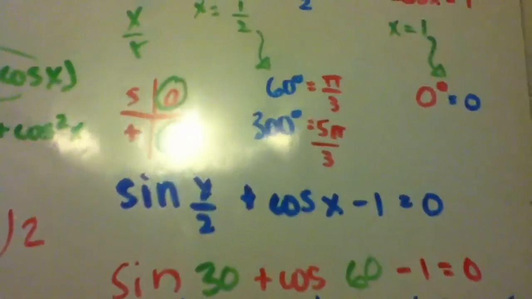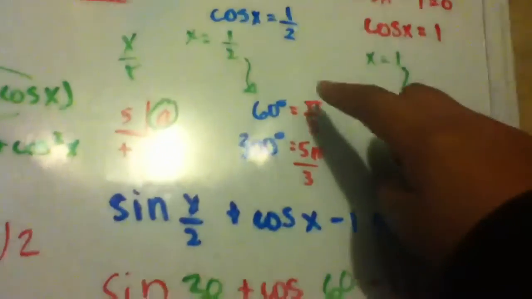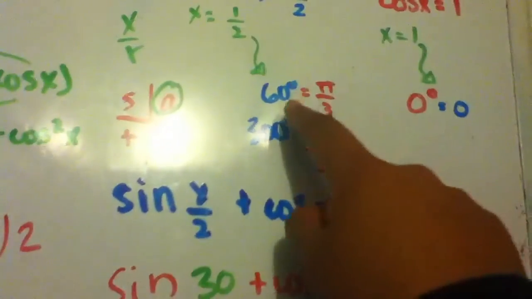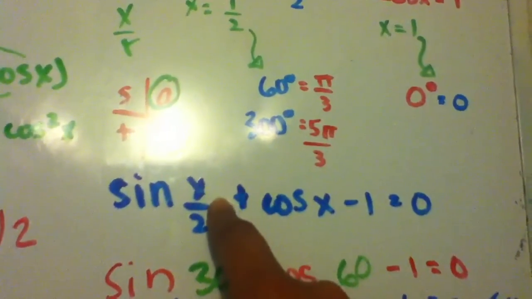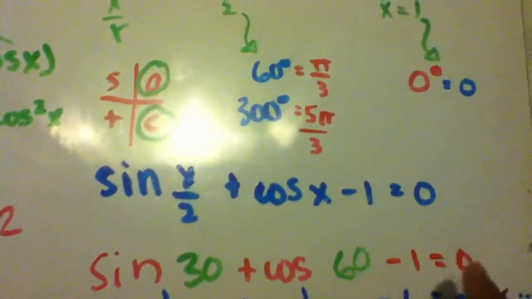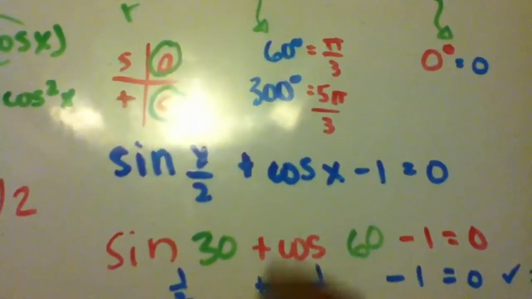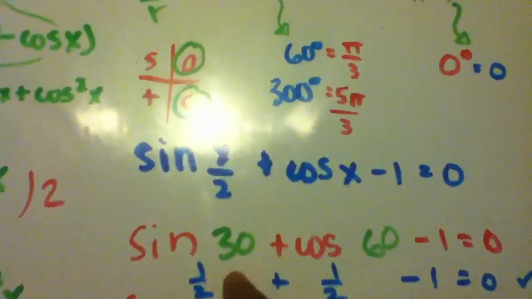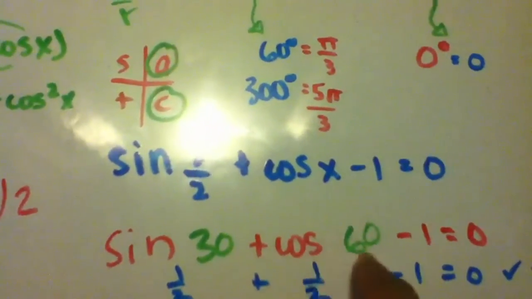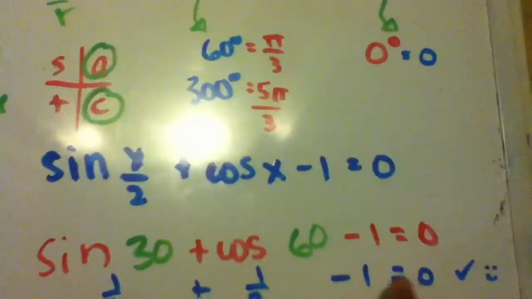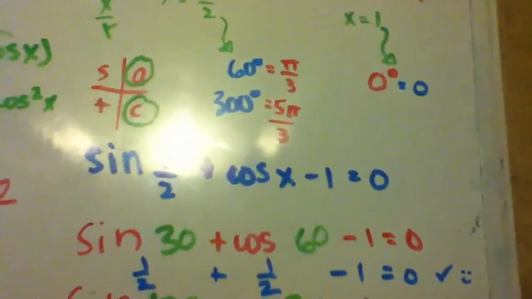So for our first problem, we plug it in, so it's going to be half of the angle: sine of 30 plus cosine of 60 minus 1. Sine of 30 with our magic 5 is 1/2, and cosine of 60 is 1/2. Adding those two gives 1 minus 1 equals 0, so that's right. That is a solution.